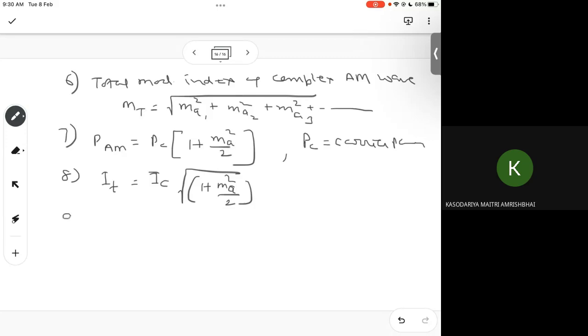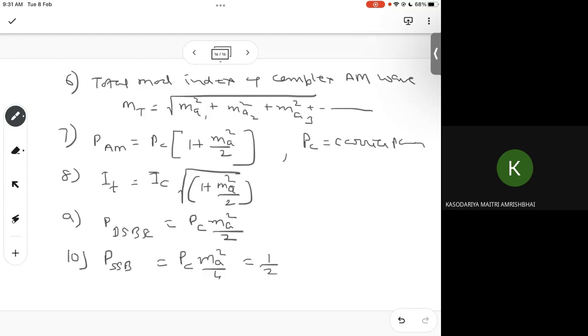And today what we have learned is the power of double sideband suppressed carrier is Pc ma square by 2, and the power of single sideband is equal to Pc ma square by 4, which is half of the power of double sideband suppressed carrier. So these are the three things.